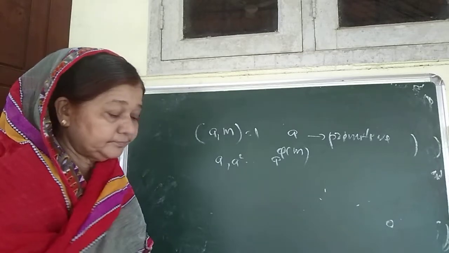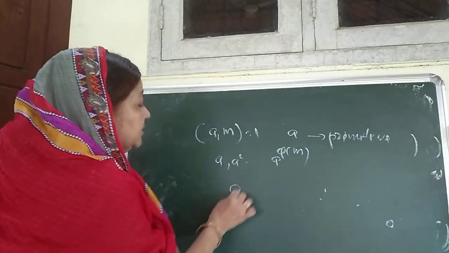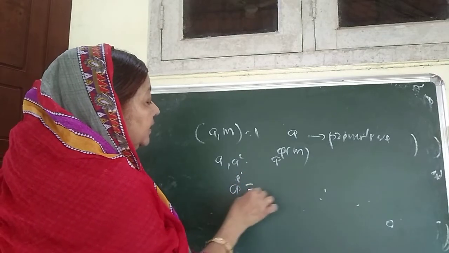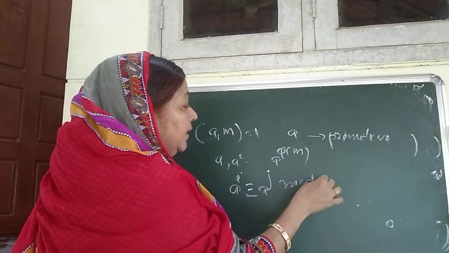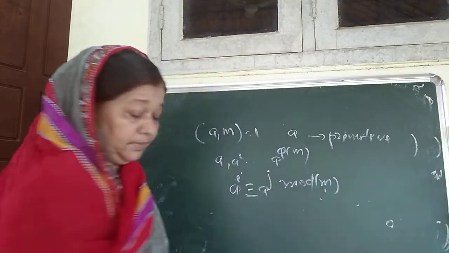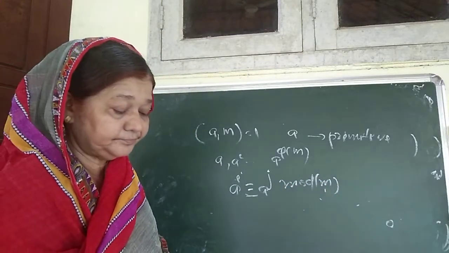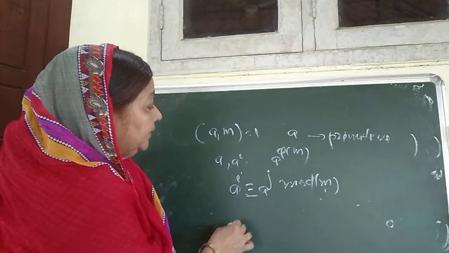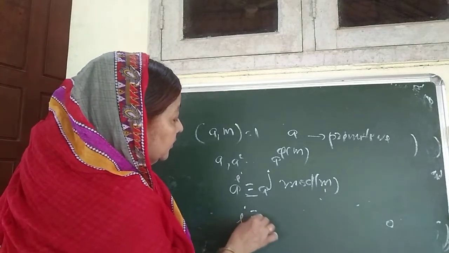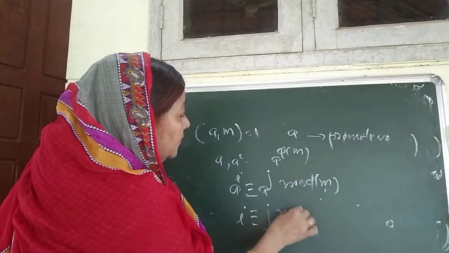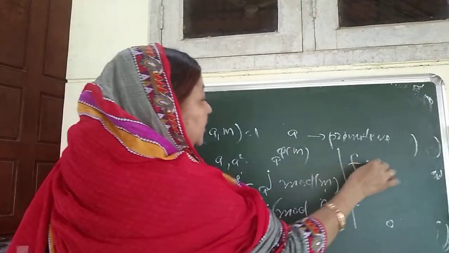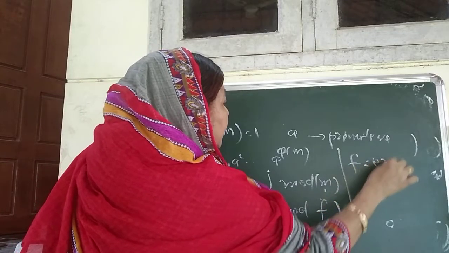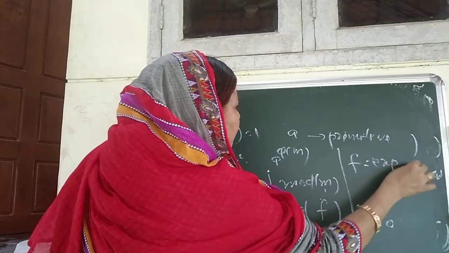Suppose a raised to i is congruent to a raised to j modulo m, then i is congruent to j modulo f, where f is the exponent m of a.